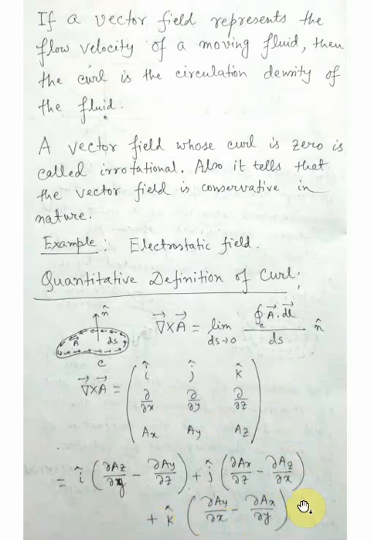Okay, here again I want to clarify one point: this is ax, which means this is the x component of a vector. Please understand this very carefully. This is the x component of a vector, this is the y component, this is the z component. Now here this is del az del y.